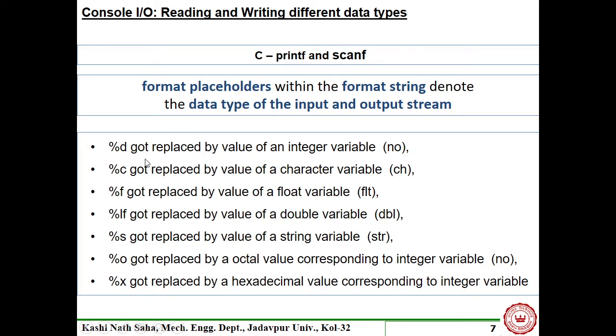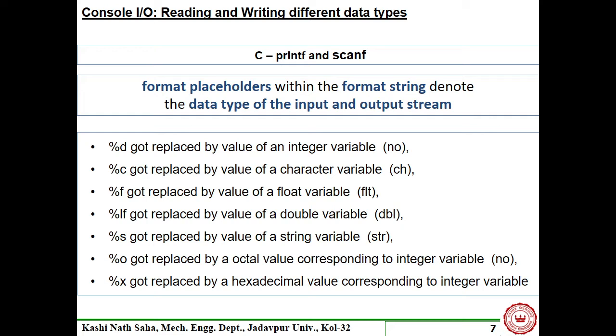Same thing. These are the type of data. That means when it is a stream of data, what is that type of stream? That is identified by these symbols, percent something.